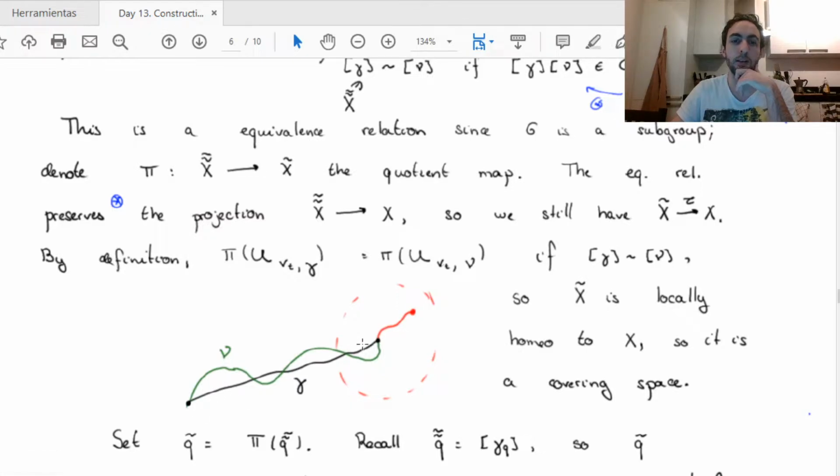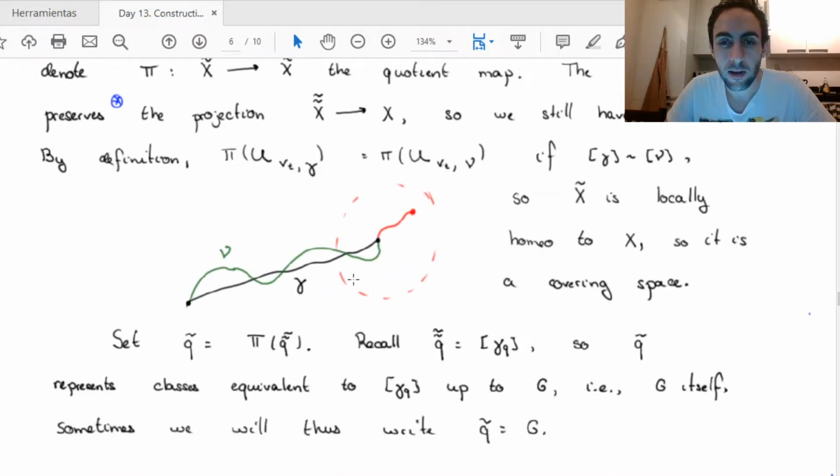Because nu concatenated with the red thing, with the reverse of the red thing, with the reverse of nu, is the same as gamma concatenated with the reverse of nu, and therefore it's also an element in G. So they're related if and only if these two are related. So what that tells us basically is the following. It tells us that an open in X tilde looks exactly like an open in X tilde, which looks exactly like VT, essentially. So an open in X. So this is the covering map.